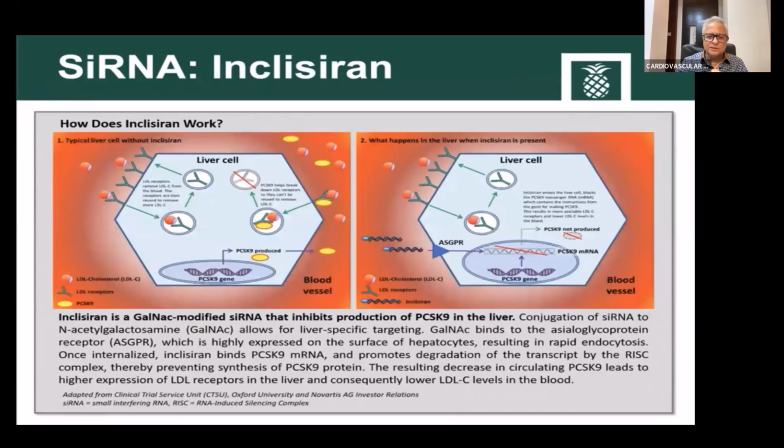It is an siRNA, a small short-chain RNA drug, which reduces PCSK9 level in the overall system.